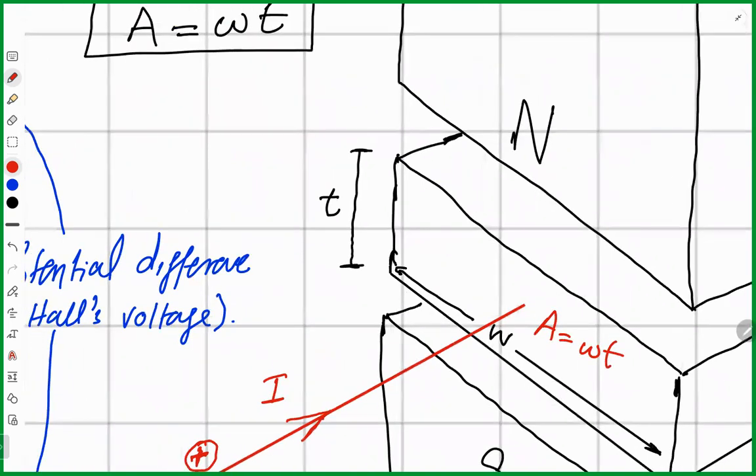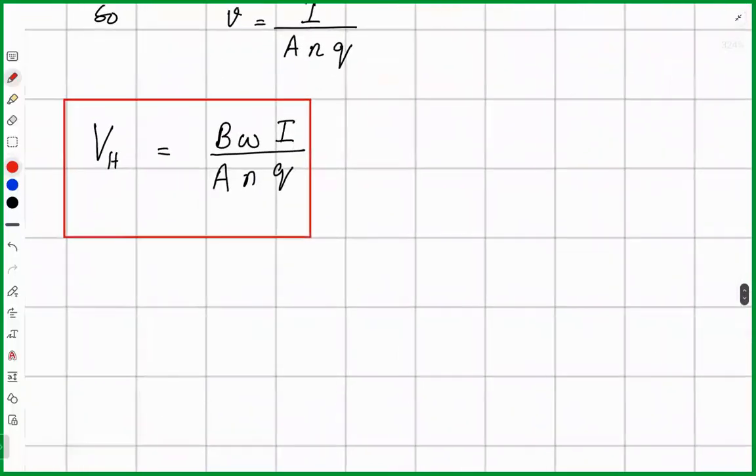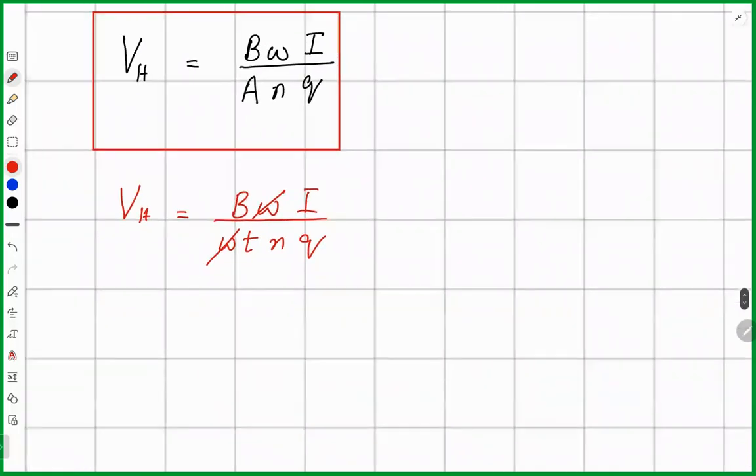We did it over here as well. So can I replace area with WT? W I over W T and Q. W got cancelled.